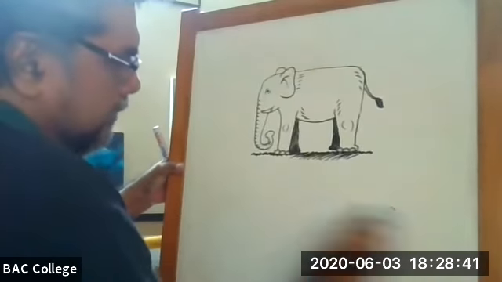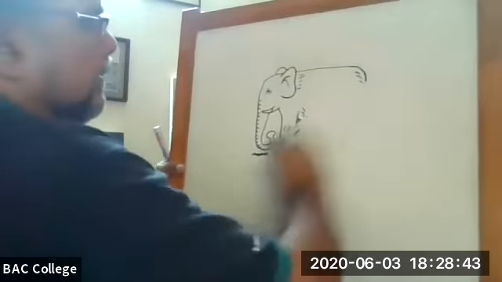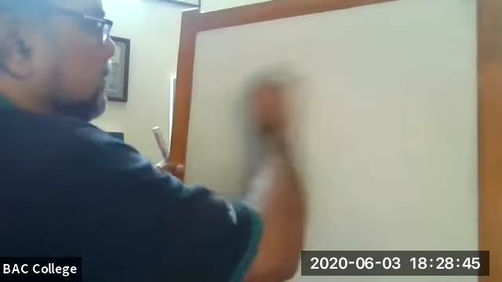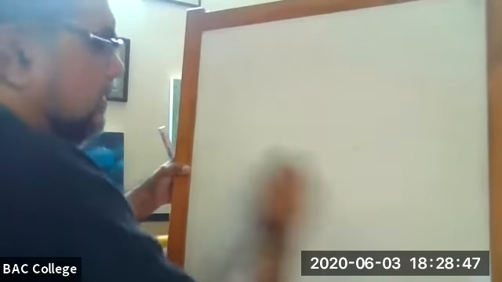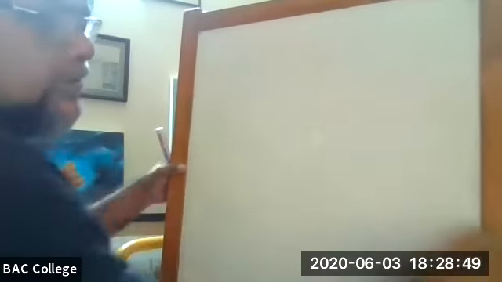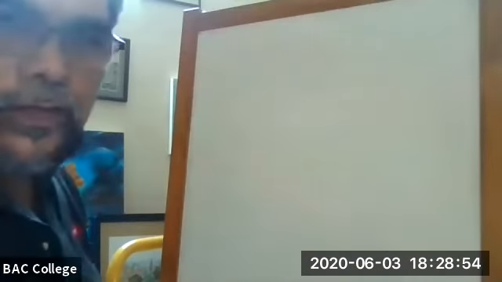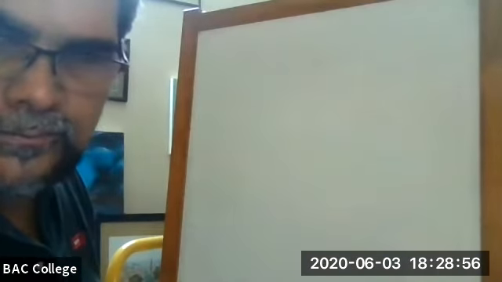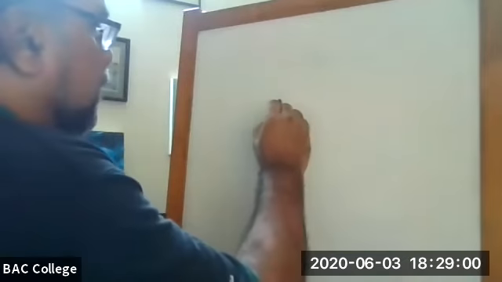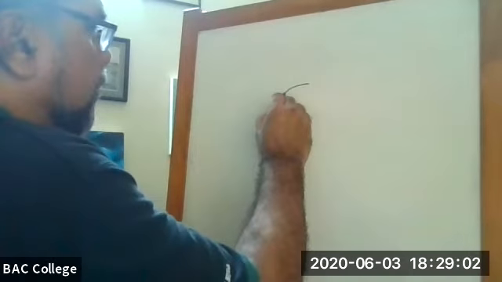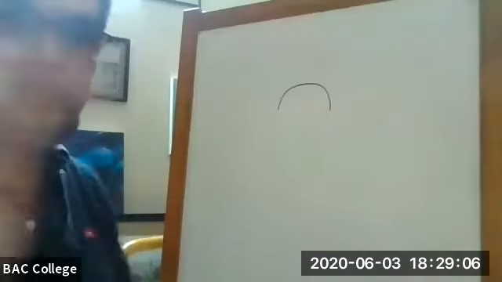Okay, all right, so let's draw now the front of the elephant. How do you draw the front of an elephant? Are you ready for the front now? Okay, let's go. Let's get a big round here, like this.